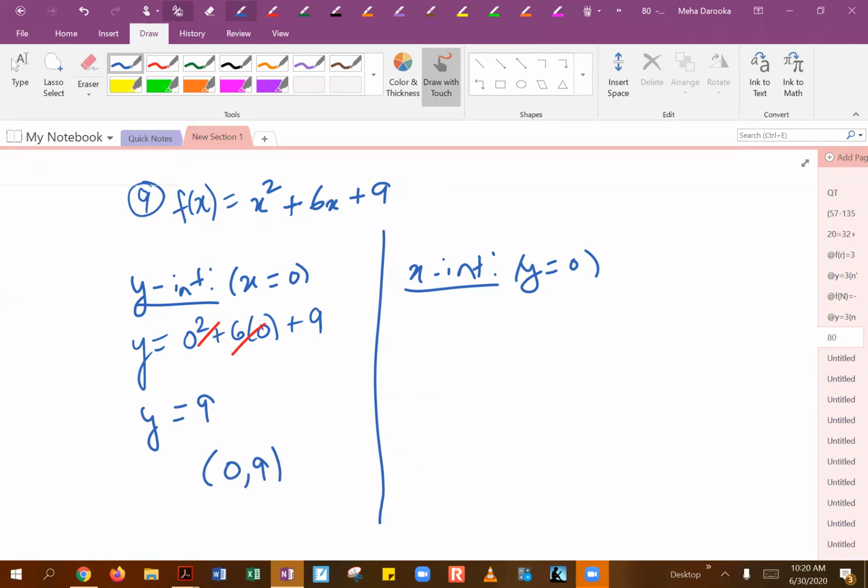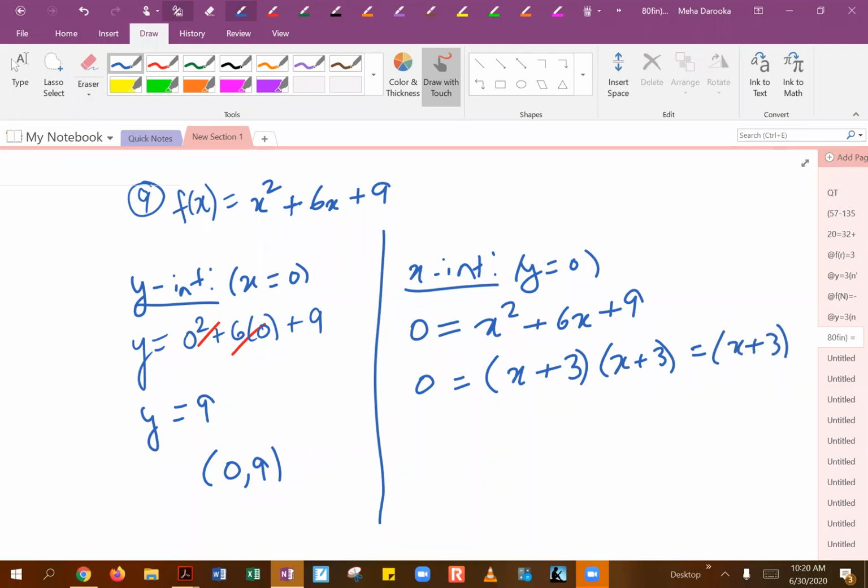For the x-intercept, we would make the y value 0, which would end up just giving us 0 equals x squared plus 6x plus 9. And you can either use factoring, or you can use the quadratic formula to simplify this, whatever you're comfortable with. Factoring actually will be pretty straightforward, because this factors into x plus 3 and x plus 3, because it is a perfect square trinomial.